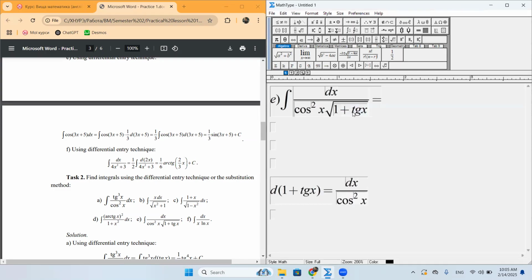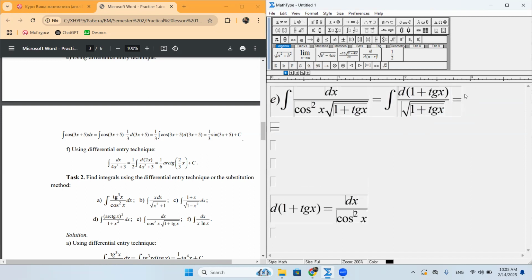If we move only tangent under the differential, it will not help us a lot. The better solution is to move the whole expression under the square root. And now we have a table integral. Any questions about this task?